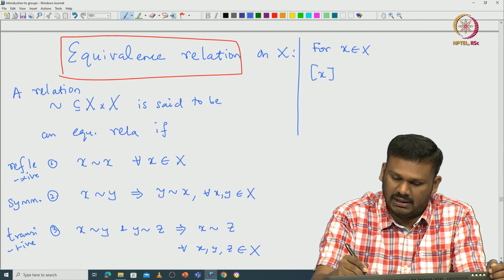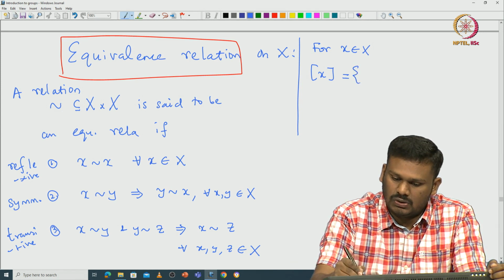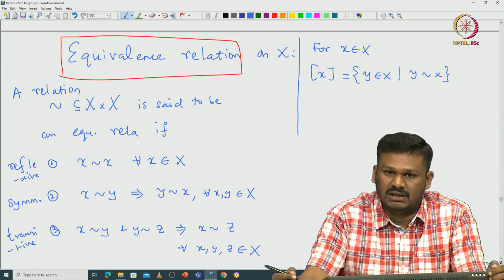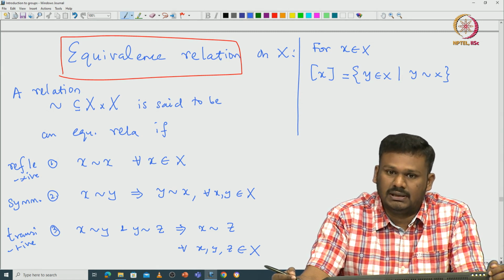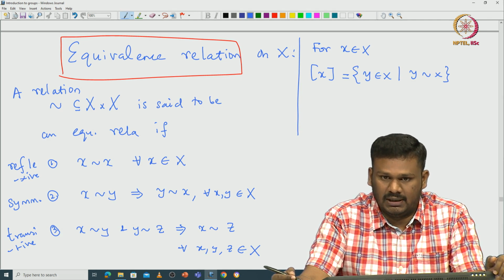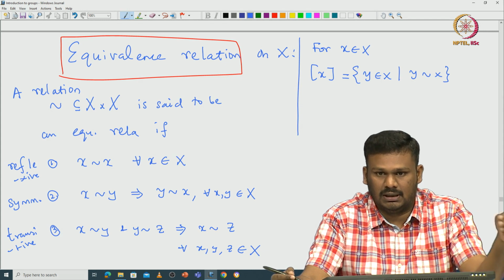This bracket x, defined using tilde, is the set of those y in capital X such that y is related to x. Basically, you have a relation on capital X, you fix an element, and then collect all the elements that are related to x.